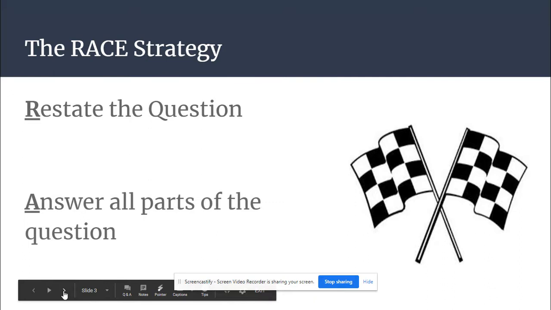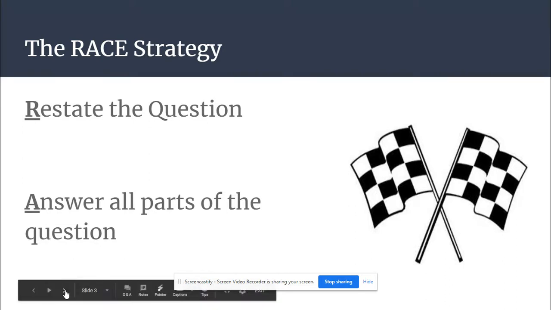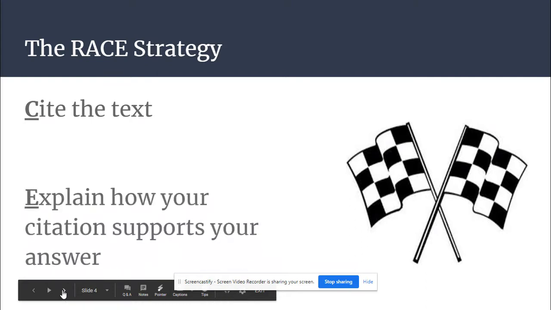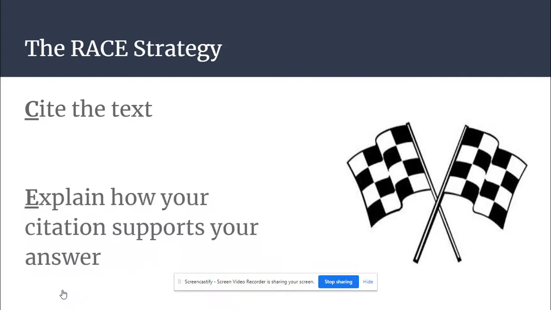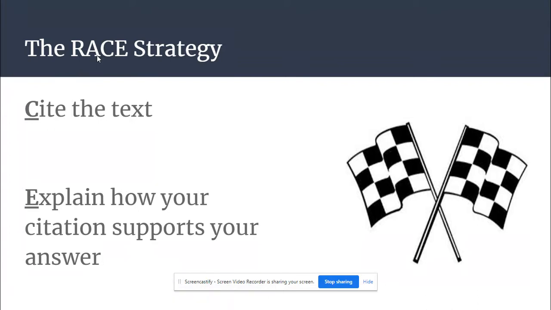The A stands for answer all parts of the question, which is obviously something that's really important when you are writing a response. The C means cite the text, so using evidence from the text to support what you've said. And the E is explaining how your citation supports your answer. So altogether, R is restate the question, A is answer all parts of the question, C is cite the text, and E is explain how your citation supports your answer.